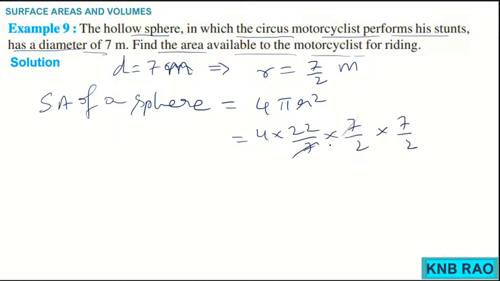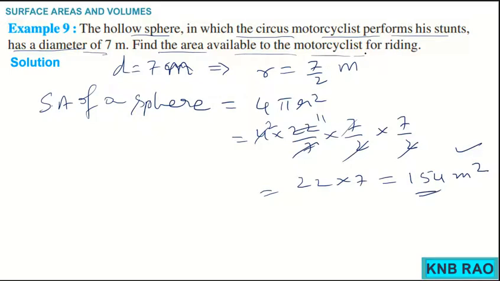This 7 cancels with this, 2 cancels with this, 11, and this 2 cancels with this 2, and here 22 into 7 is 154 meter square, the surface area available for the motorcyclist for riding. So, write the conclusion.